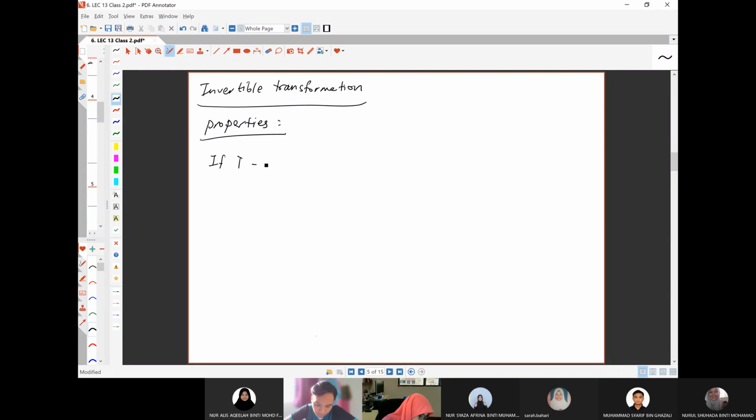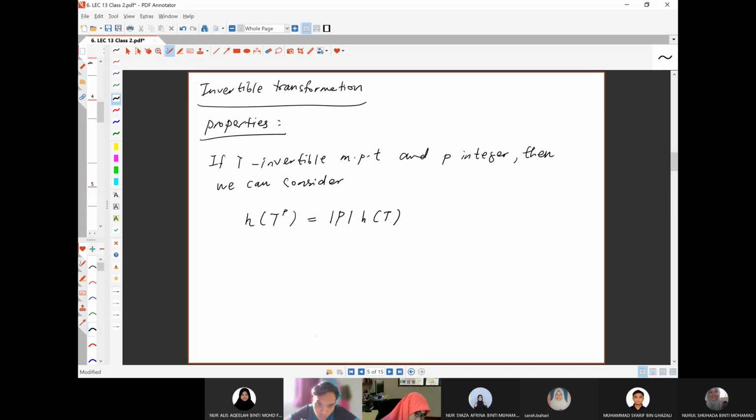If T is an invertible measure preserving transformation, and p is a small p integer, then we can consider the entropy of T power p is equal to p multiplied with the entropy of T.